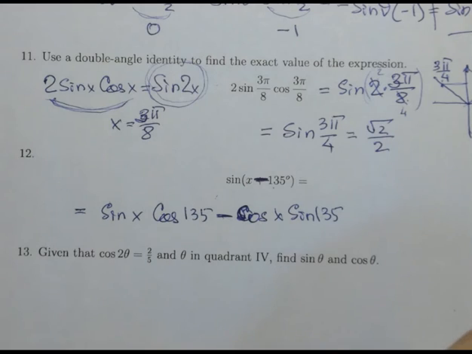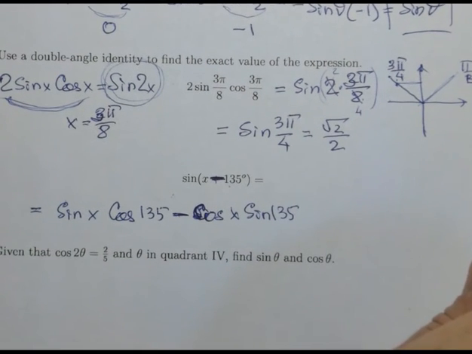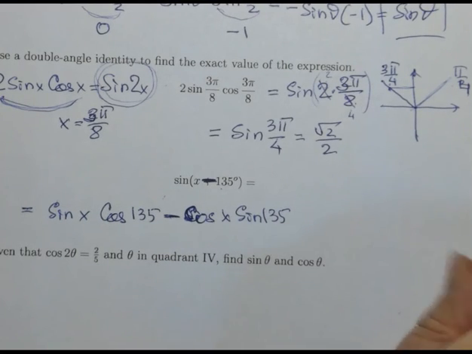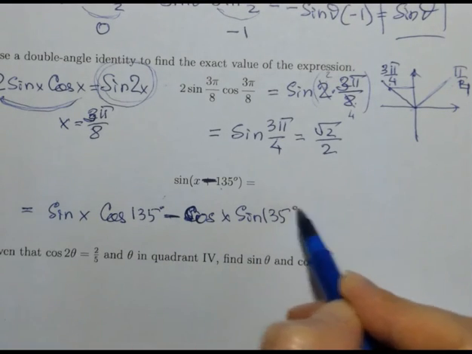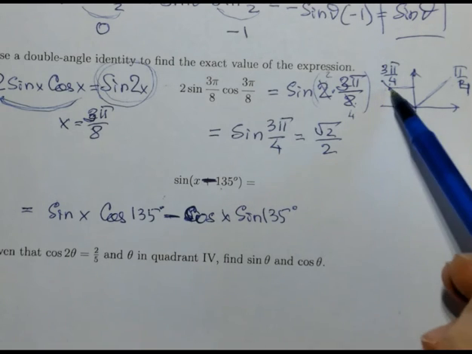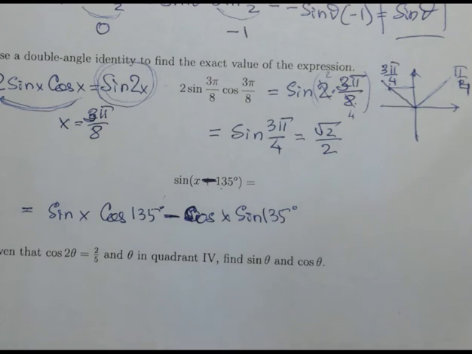So now we can substitute the sine and cosine values of the angle 135 degrees. It's actually the same angle that we had in the previous problem, in the middle of the second quadrant. Both sine and cosine have value square root of 2/2, but cosine is negative.